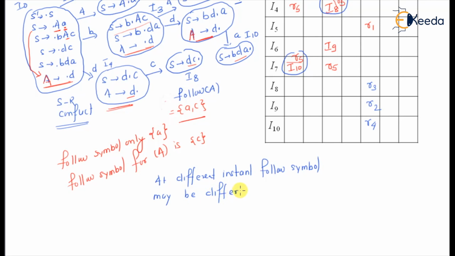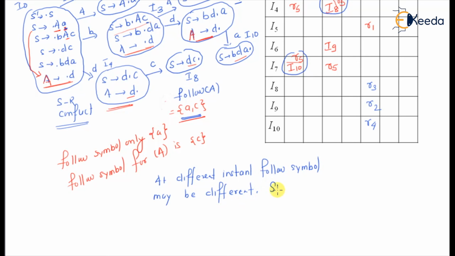What is the meaning of this statement? At this instant follow is A, but we are considering both A and C, putting the entry in the A column and also the C column. Here the follow set is only C, but we are unnecessarily putting the entry in the A column. So at different instants the follow set may be different.